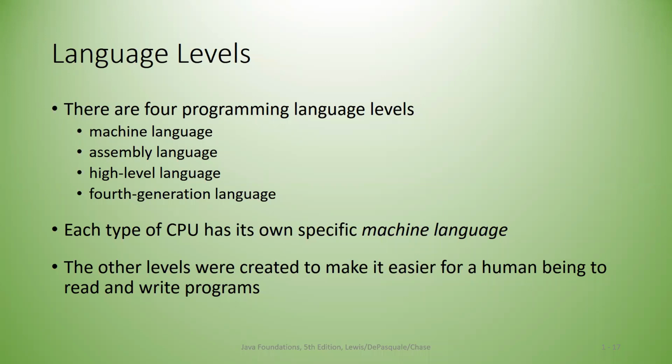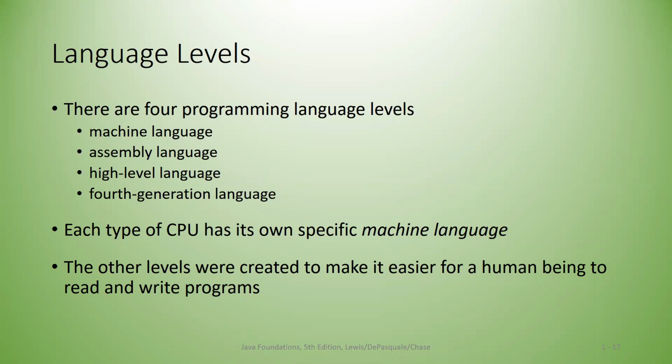So each type of CPU has its own specific machine language. If you are using an Apple, the Apple CPU speaks a language with a little bit different syntax, and Intel's chip or Microsoft PC speaks another language. So that means the hardware is different.